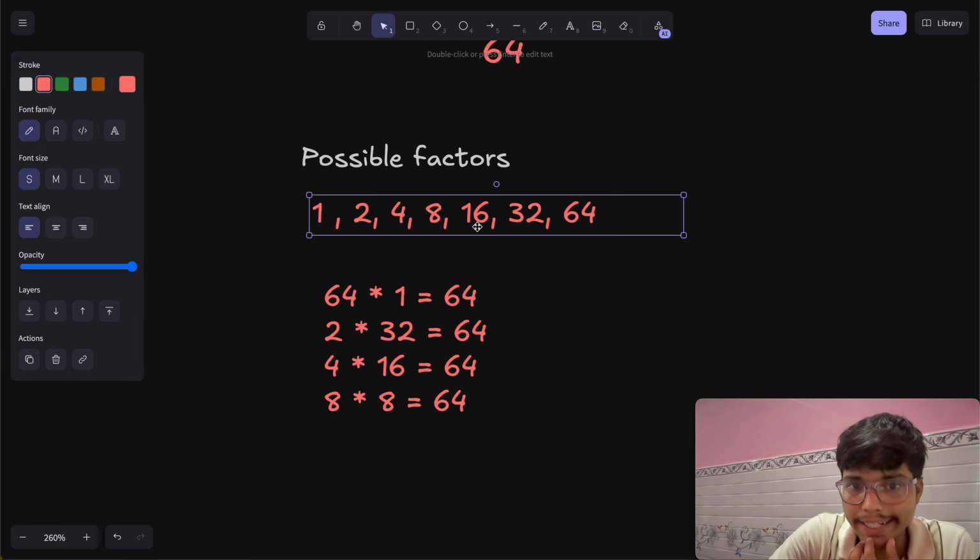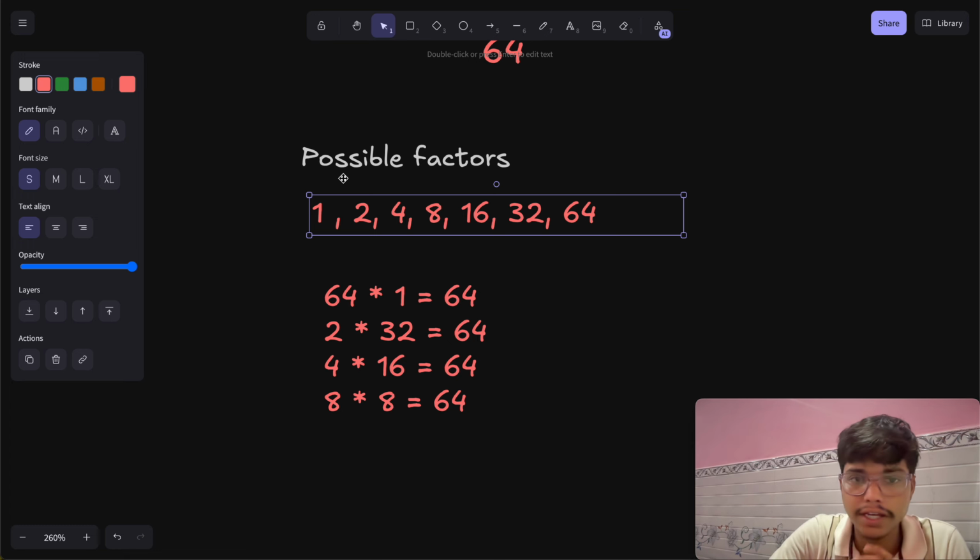For example, 16 is larger than the square root, and it needs to have a pair with a number smaller than the square root of the given number. So this we know, 32 and 2, 64 and 1.